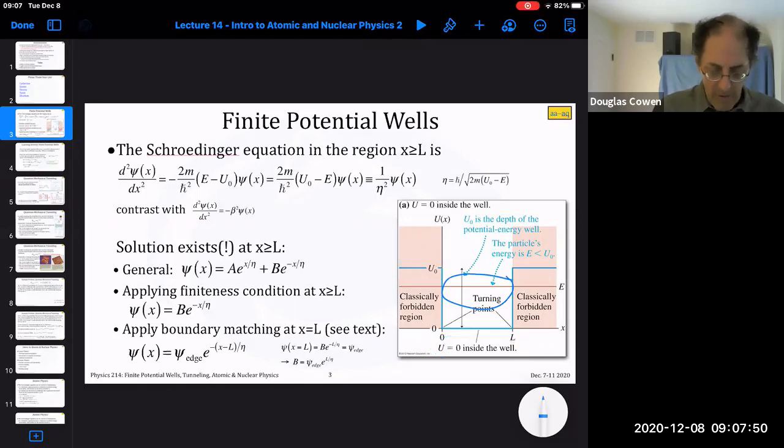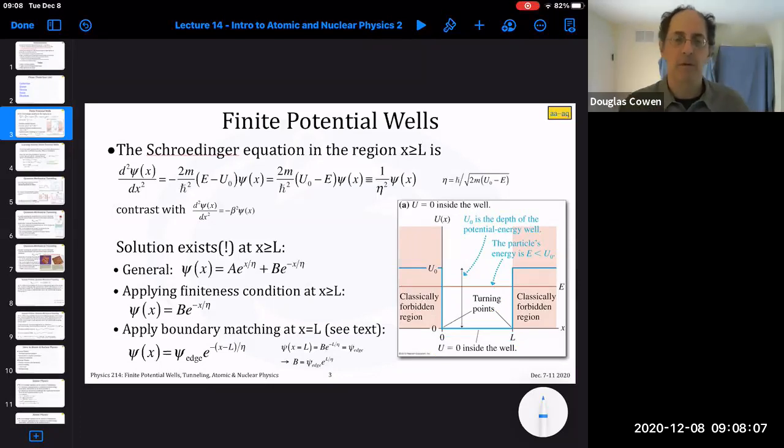And if that potential energy is greater than the total energy of the particle, in this case, the total energy of the particle will be its kinetic energy, then that particle, if it's treated just classically, will always be in between 0 and L and never outside at that region.